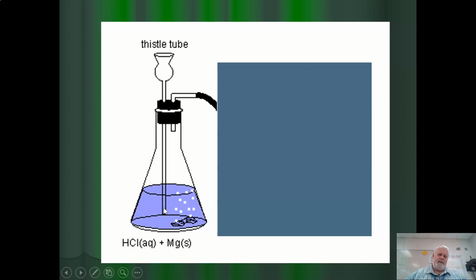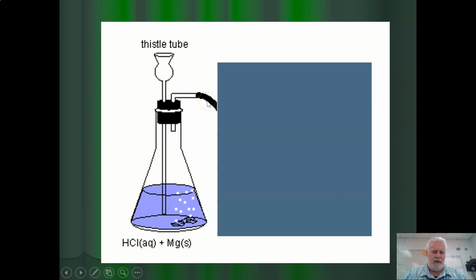What this allows you to do is maybe start by putting the magnesium chunks on the bottom. Now we know once the acid is added, it will begin reacting. And you don't want to lose any of those bubbles or that gas pressure, so that's why it's nice to just pour it, and as soon as a bubble comes out, it's got nowhere to go but up and out this.